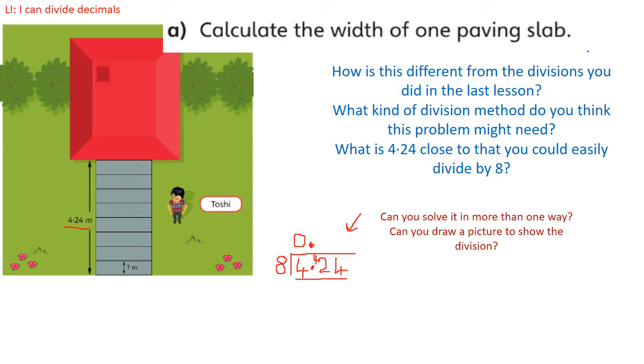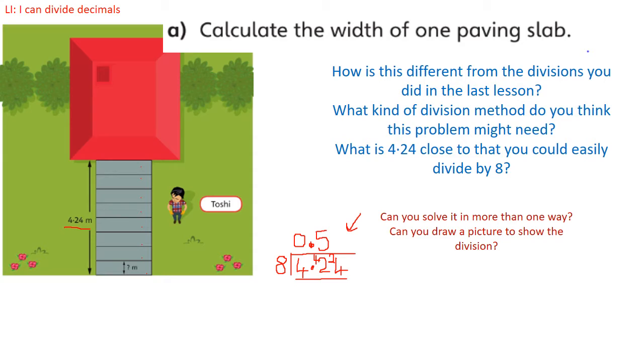So we need to think about our 8 times table. And I'm sure you all remember that 8 times 5 is 40. So therefore, we can have 5 lots, but we've got a remainder. What's the remainder? Well, 42 take away 40 is 2. So we've got a remainder of 2 that we carry over.